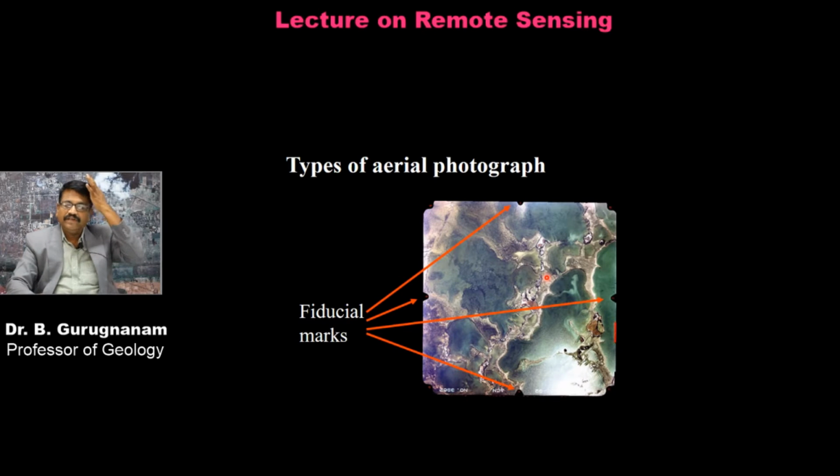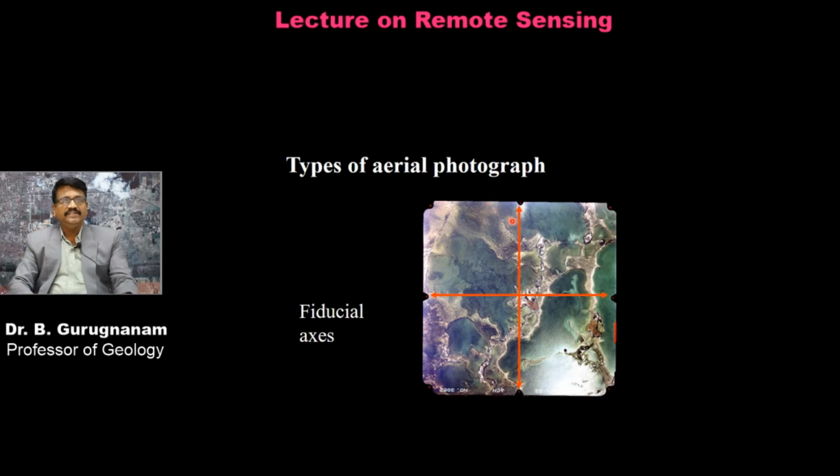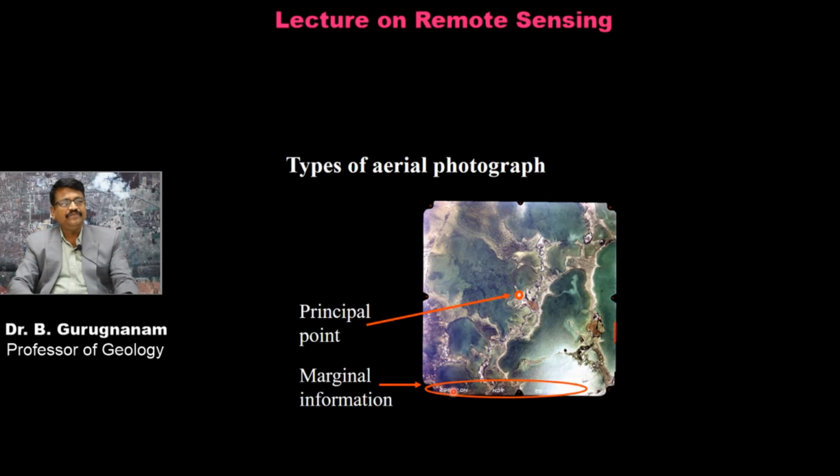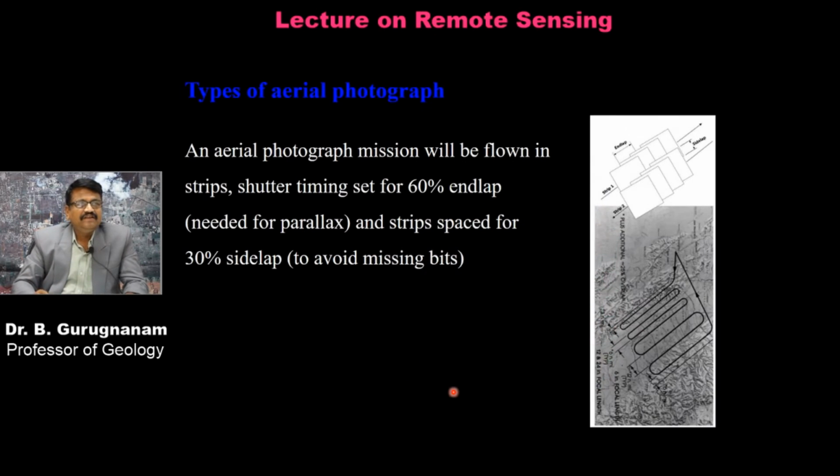If you map and then take it to any environment, you will be able to interpret the spatial concept of the terrain. If you connect the fiducial marks on both sides, left to right and top to bottom, the center point is where you have your principal point. So this is the principal point, and you have marginal information: when the photograph was taken, what the photo number is, everything. If the flight moves, you need all these things to arrange your photographs. Everything is there to understand types of aerial photographs.